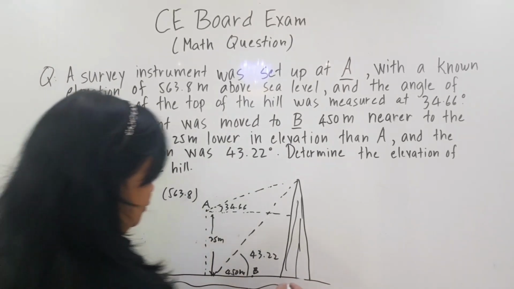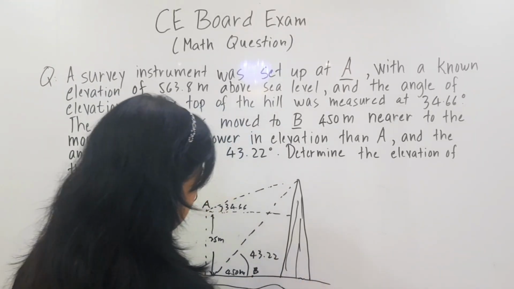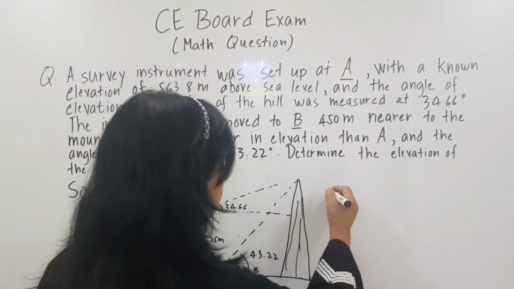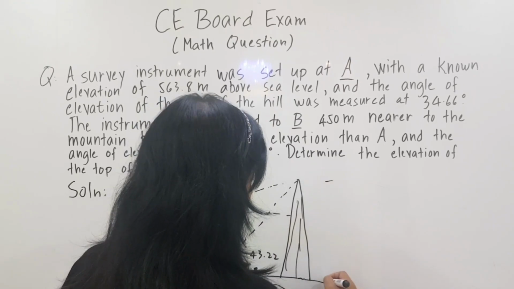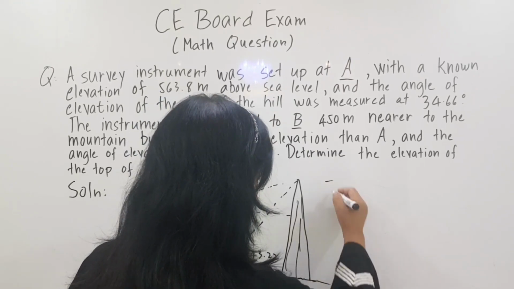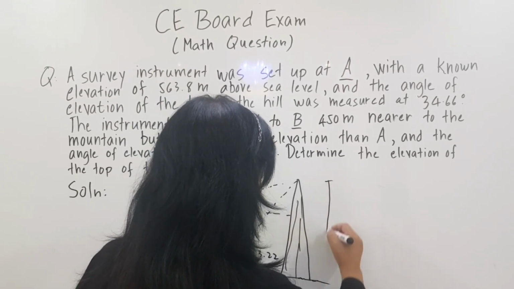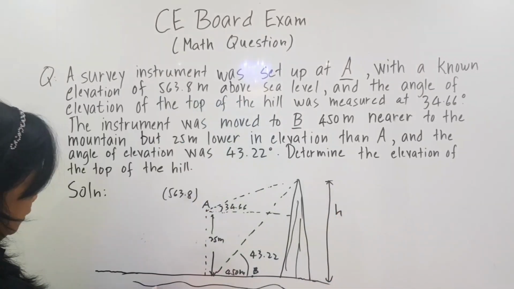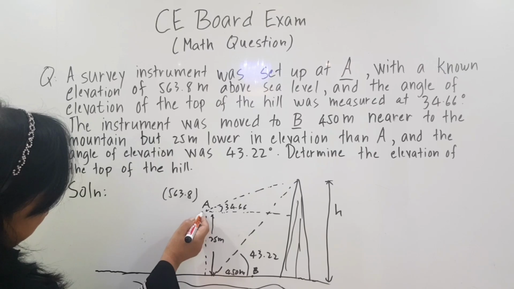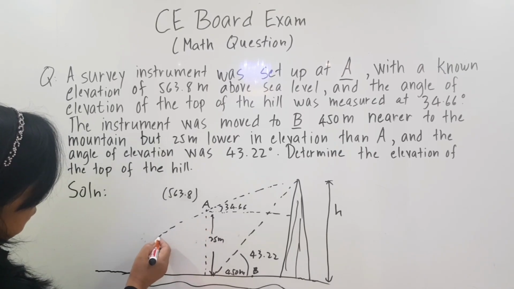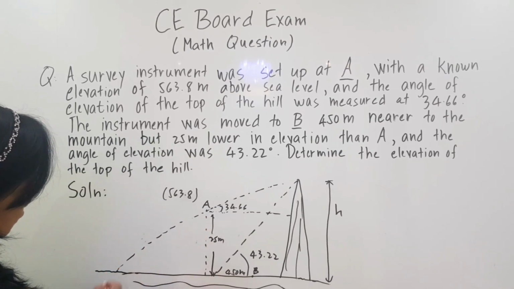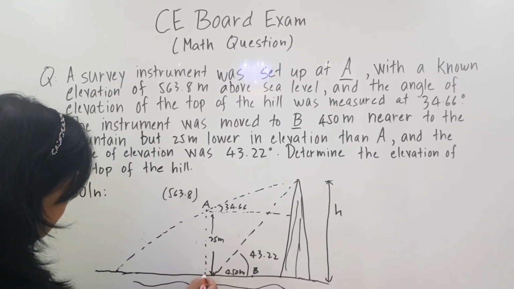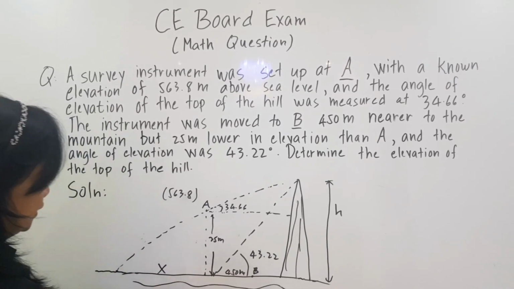If we designate this height of the top of the hill as H, and extend this line here, we have the distance from this one to this one designated as x.